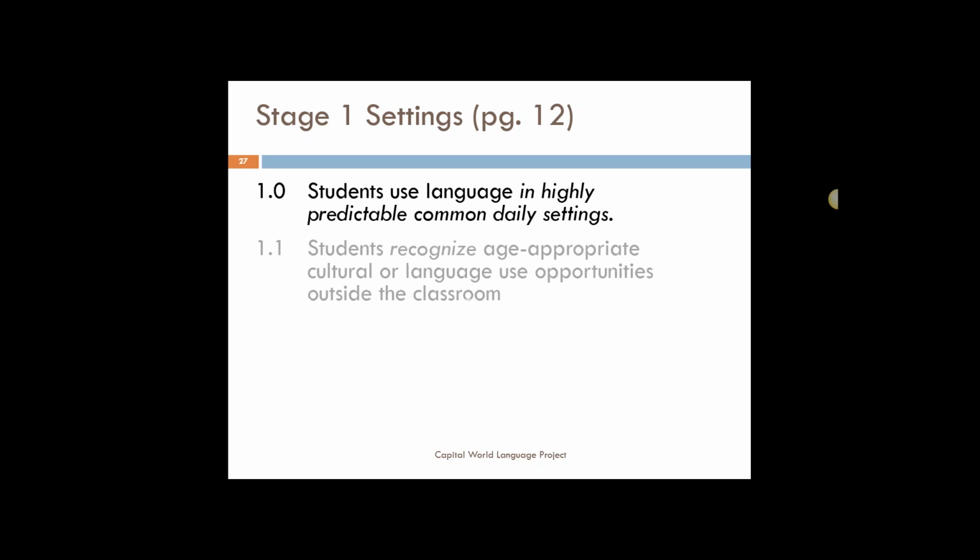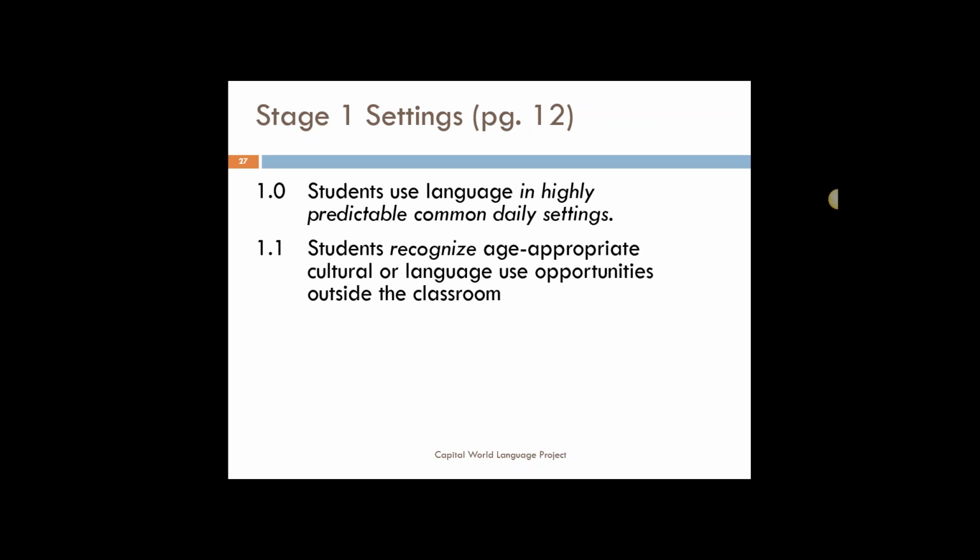And then 1.1, they are able to recognize age-appropriate cultural opportunities, okay? Notice it doesn't say that they necessarily participate in them. They recognize them. So they see a flyer for a ballet folklorico presentation and they talk to you about it.